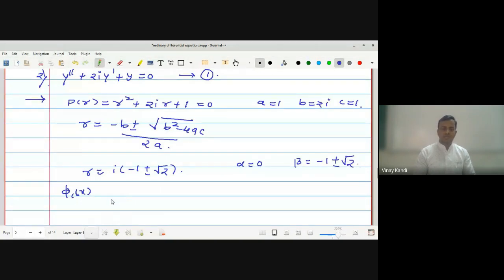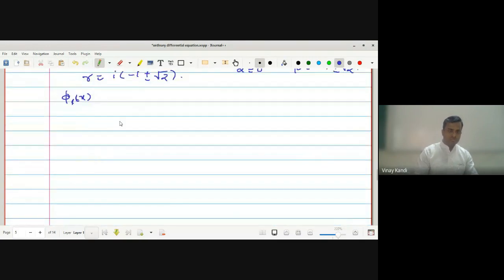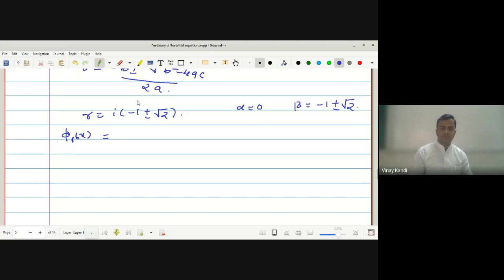Okay. So phi 1 of x is equal to, what do you get? You can write it directly like this.